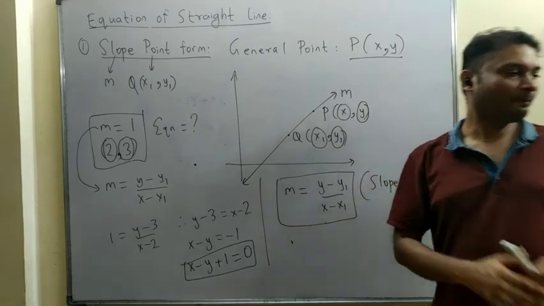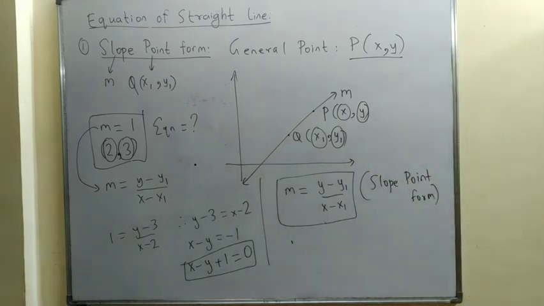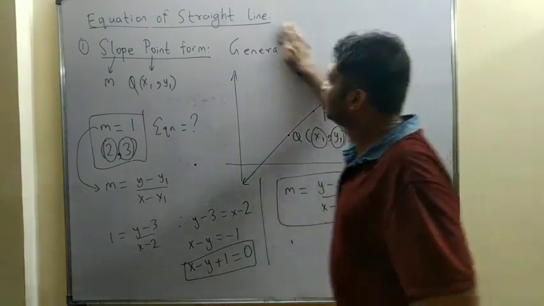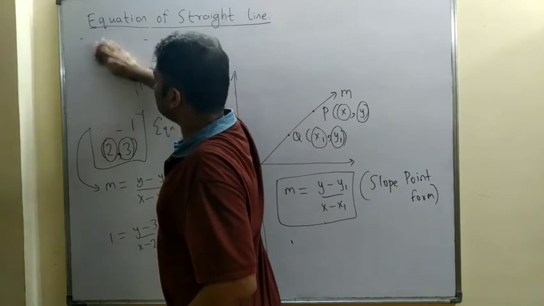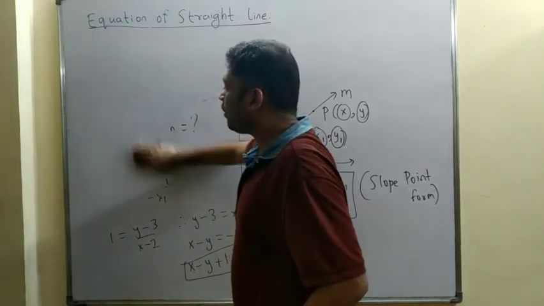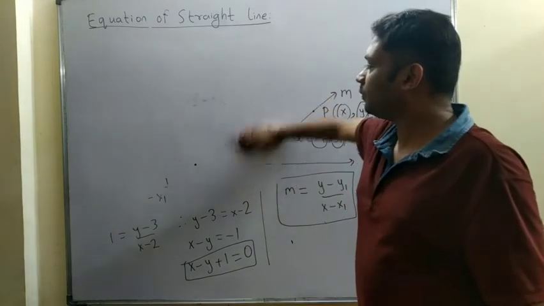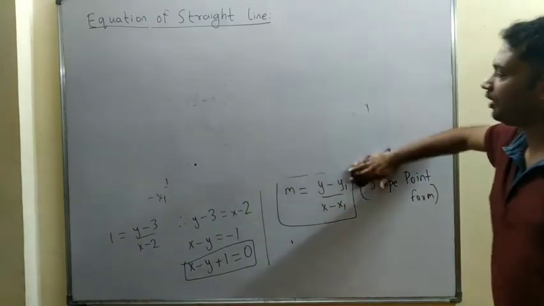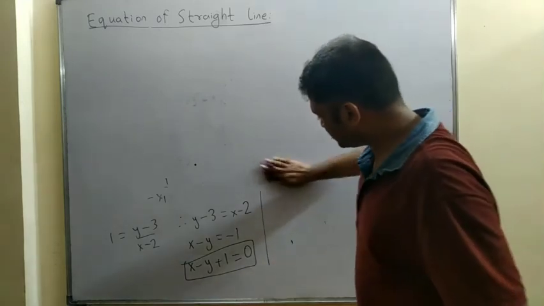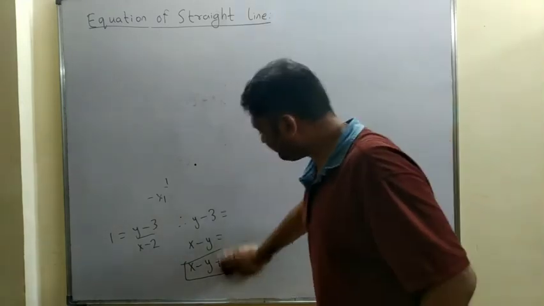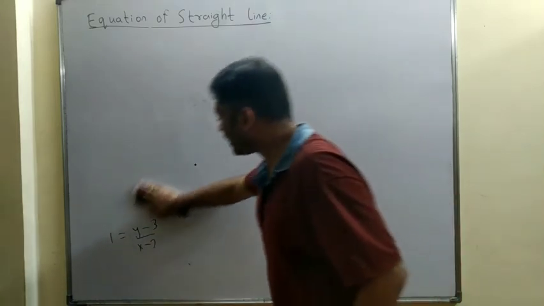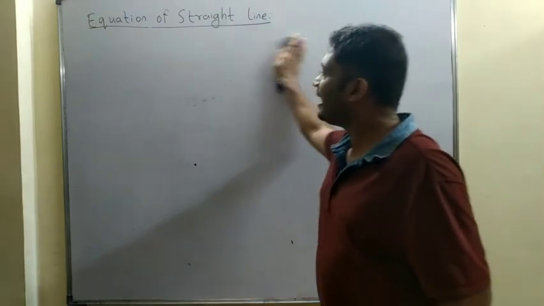In slope point form, we have slope m of the line and a fixed point x1, y1. Slope point form, because slope is m and point is x1, y1. Always in any equation of a straight line, we will have a general point which is x, y.